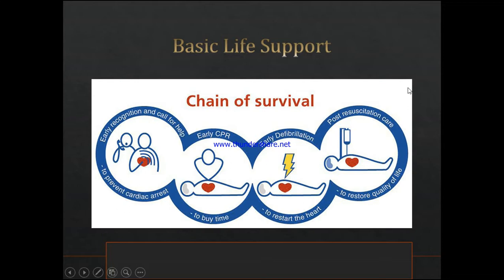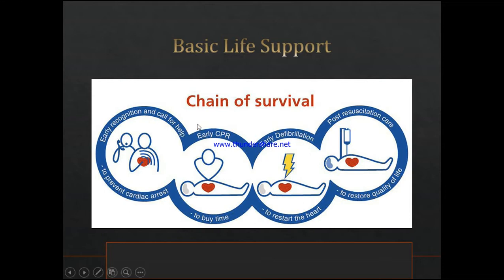He's a big advocate for BLS and really getting people to understand the importance of early recognition, early chest compression, early defibrillation equals good outcome. Without early recognition or early CPR, or certainly without the defibrillation as well, the chances of survival are greatly reduced.